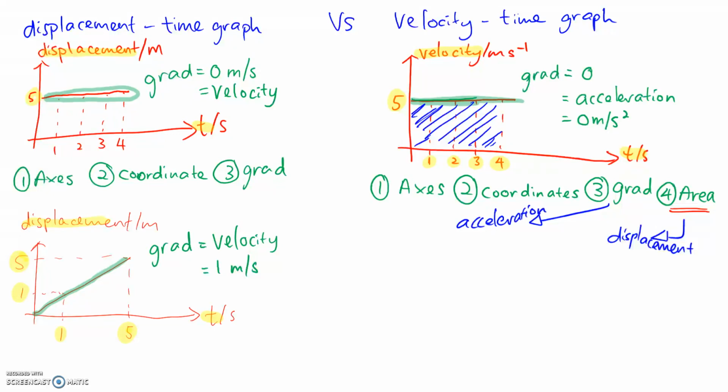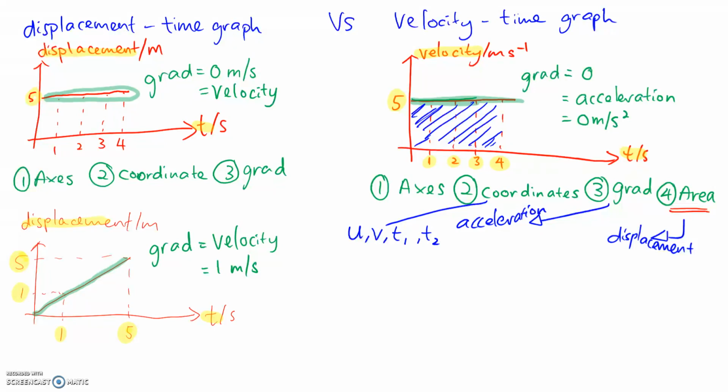So whenever you are looking at a velocity time graph, you can find out the displacement of the object, the acceleration of the object, and the initial velocity and final velocity. By looking at the coordinates, you can find initial velocity, final velocity, t1, t2.